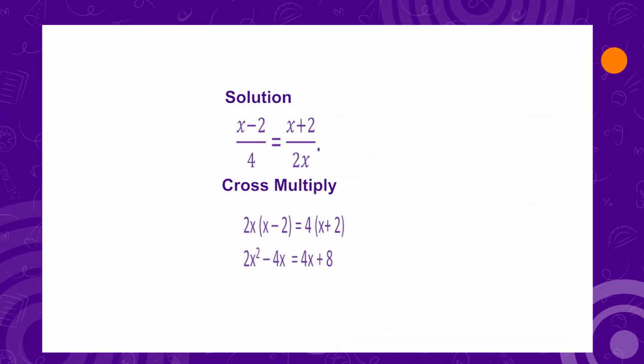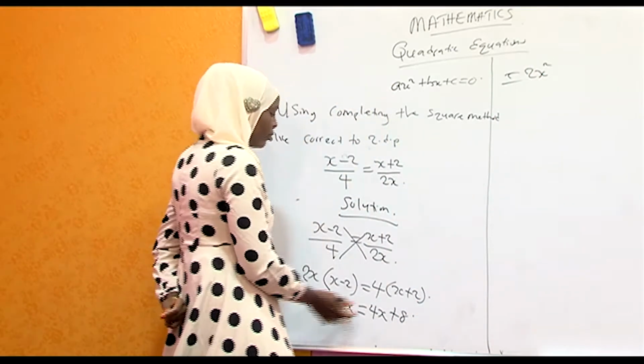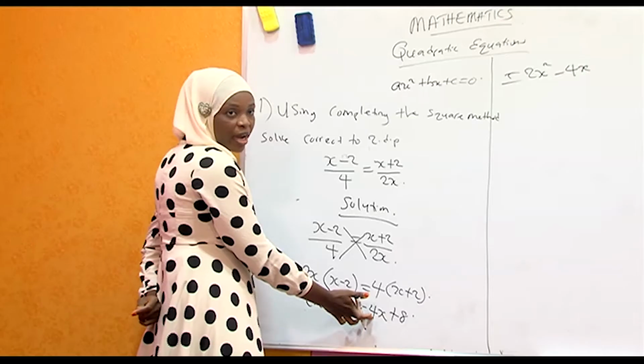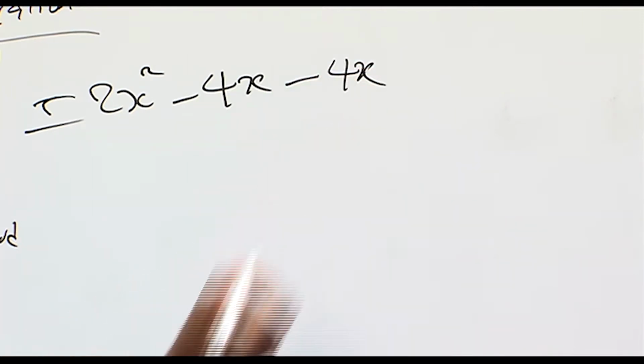Now, looking at this, the next thing to do is to collect like terms. So collecting like terms, we have 2x squared, you have minus 4x. So bringing this 4x to the other side, it gives minus 4x.